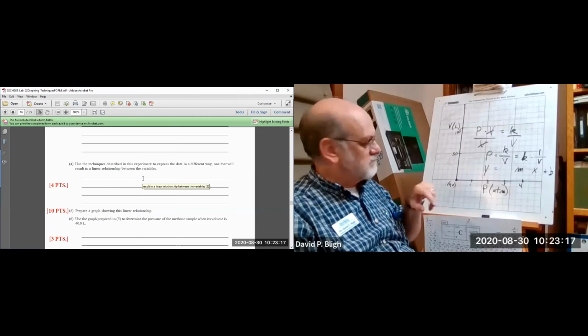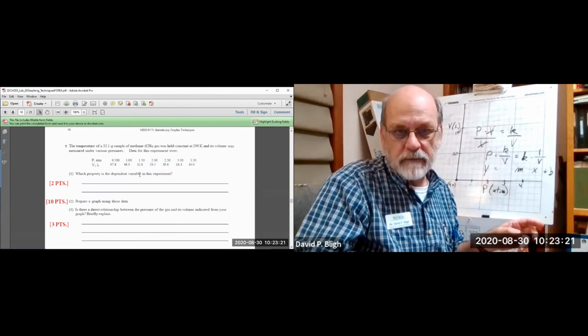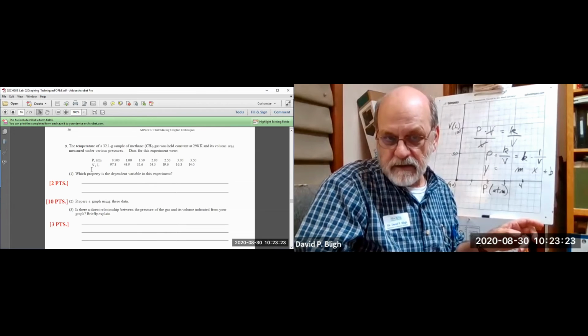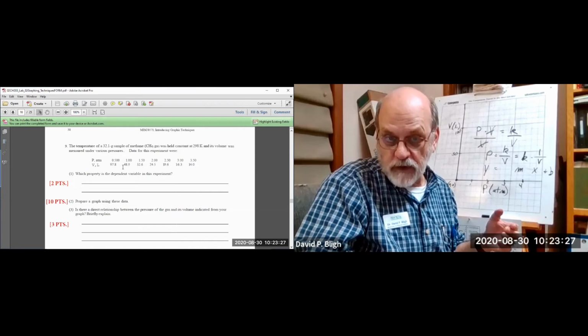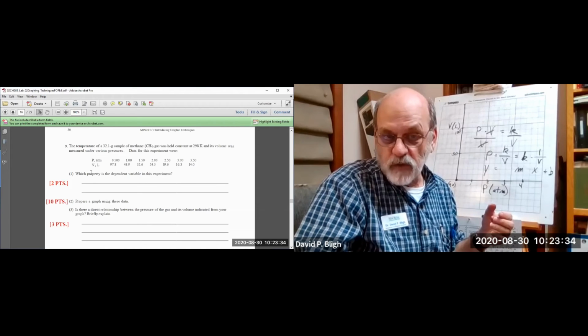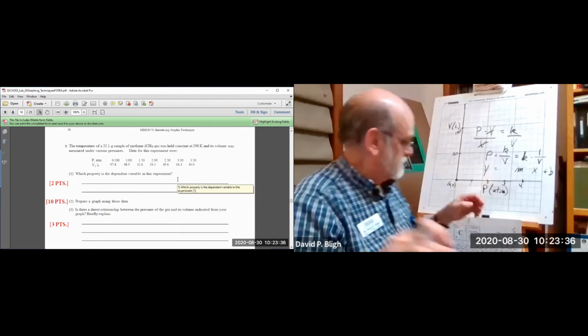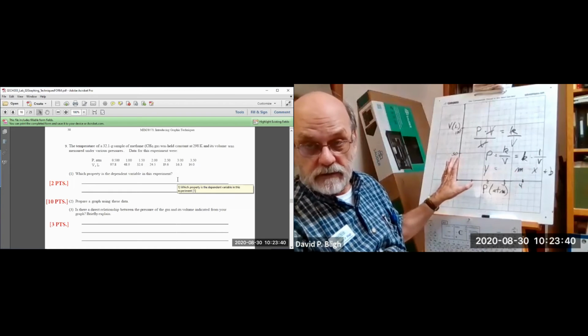So just set up your table or go up here and write 1 over V right here, and then take the inverse of each one of these volumes and put the numbers right there. Then you're going to plot P against 1 over V. So you need a new graph.